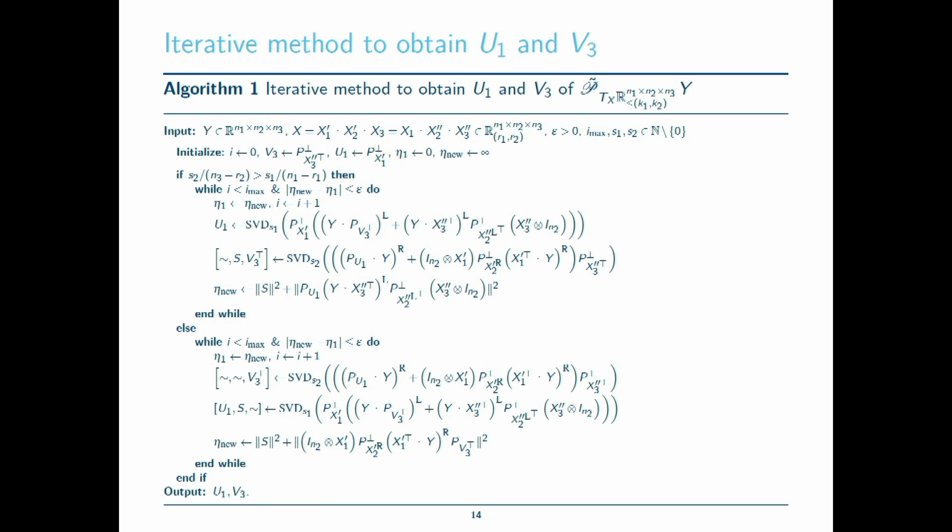So if the difference converges to a value lower than the given epsilon, then the algorithm also stops. And to optimize U1 and V3, we use a truncated singular value decomposition. This is a standard known algorithm. It's also not very difficult or very expensive in general.